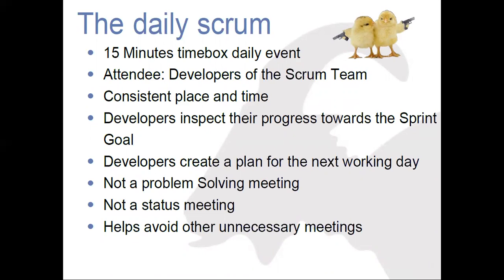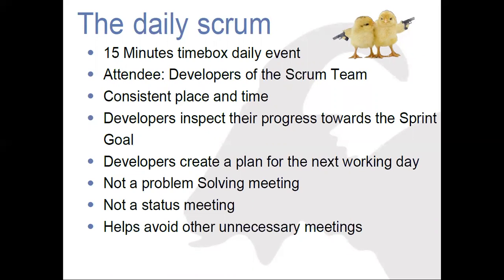Daily Scrum is a very important meeting of Scrum. It's a 15-minute time-boxed daily event. Attendees will be developers only. The Scrum Master can join this meeting, but no outside person should join. We should not disturb the developers for at least 15 minutes. Developers run this meeting whatever way they want.